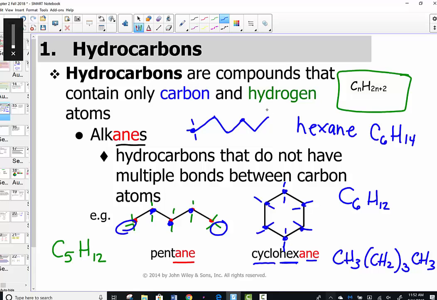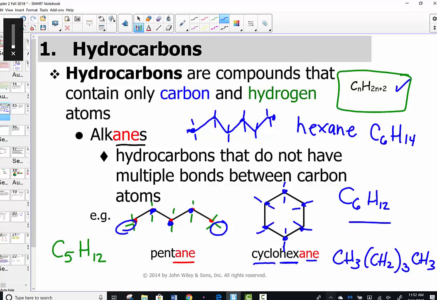So now, when you count hexane in a straight chain, this is my formula, CnH2n, add the 2 because I need to finish the terminal carbons. But if I'm making a cyclic structure, I've got to take the hydrogens off the ends, these guys, and make an open spot to bring them around and connect to each other.